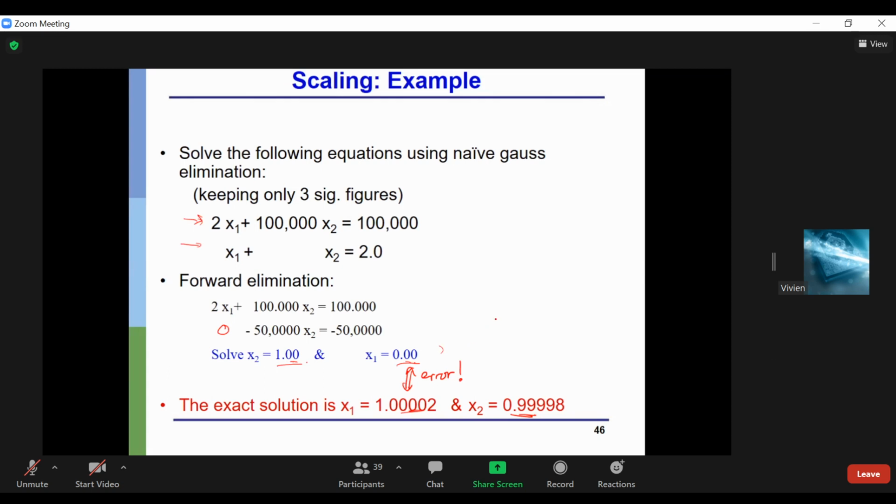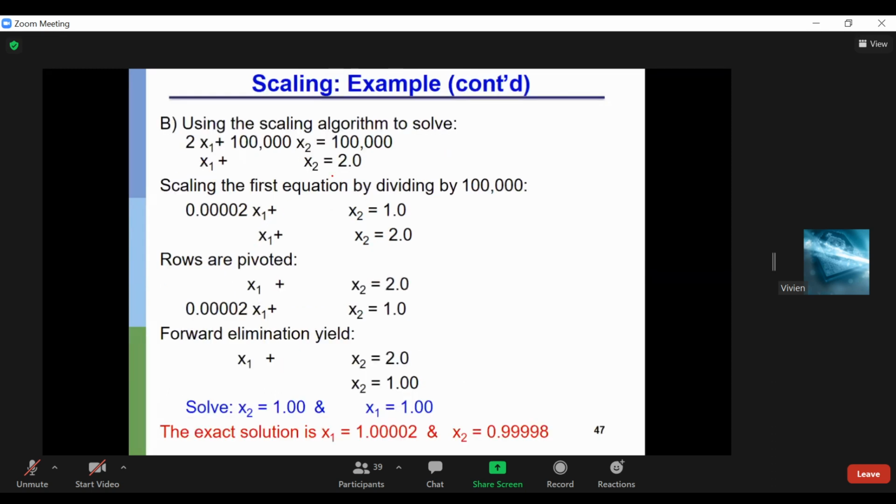Now because we have values in which the magnitude is very different, we can use scaling. What we can do here is divide the first row with 100,000. After that, we are going to pivot it.